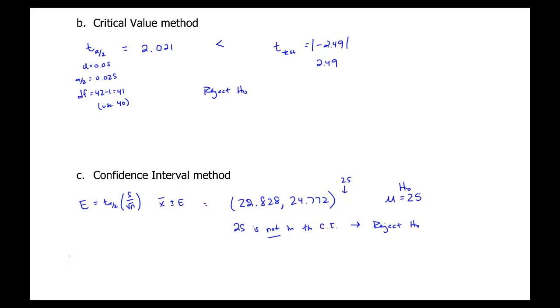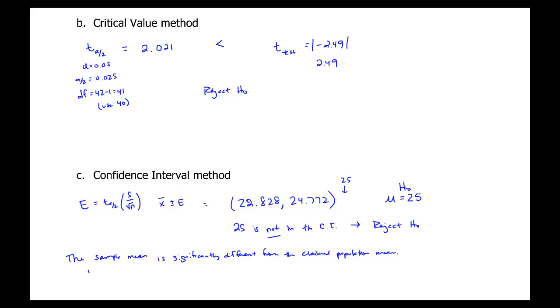So what we can say then is that the sample mean that we calculated, or that the person who did the sample calculated, is significantly different from the claimed population mean.